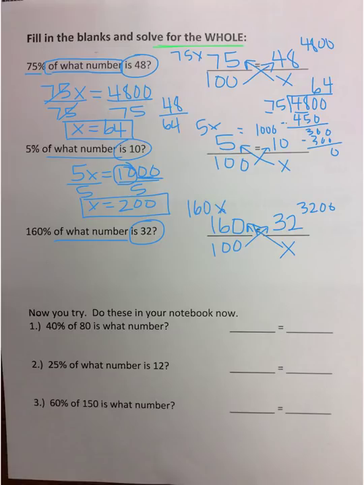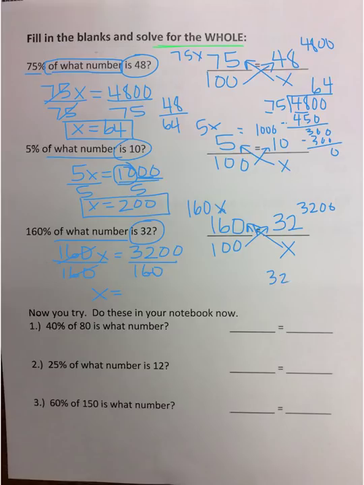Ooh, I see something that you probably don't see. 160x equals 3,200. Do you know that 16 goes into 32? That's going to help us. Those cancel. X equals, well, let me show you.